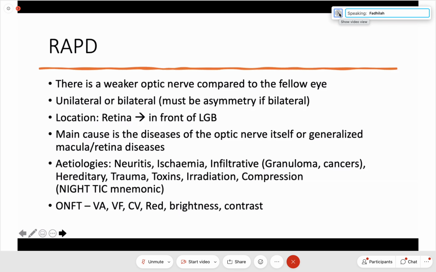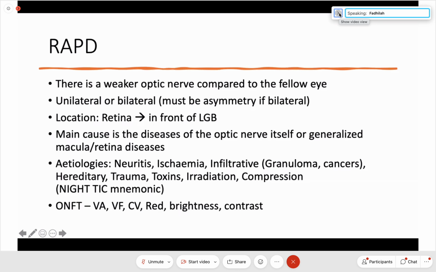As you know, the pupillary pathway travels from the retina to the optic nerve, optic chiasm, optic tract, and escapes the LGB and goes straight to the pretectal nucleus. That's the first order neuron. From the pretectal nucleus, it goes to the Edinger-Westphal nucleus, and from there via the third nerve to the ciliary ganglion, and from the ciliary ganglion to the iris.